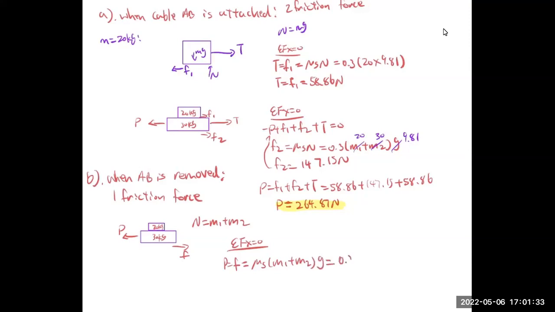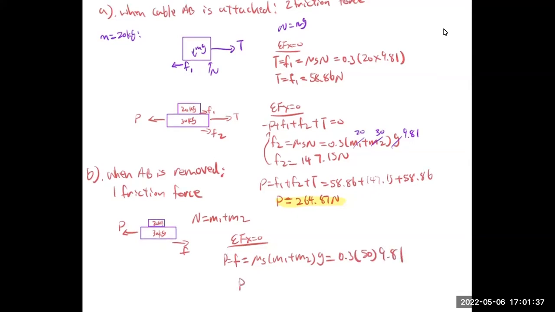That will be equal to 0.3 multiplied by 50 multiplied by 9.81. And we get P will be equal to 147.15.